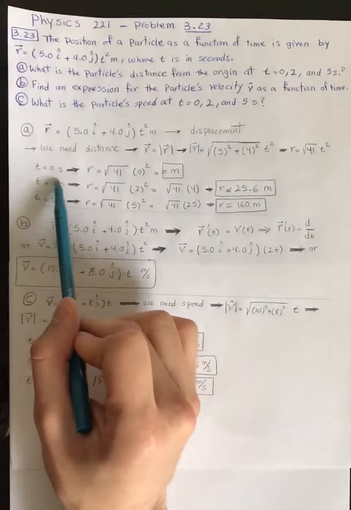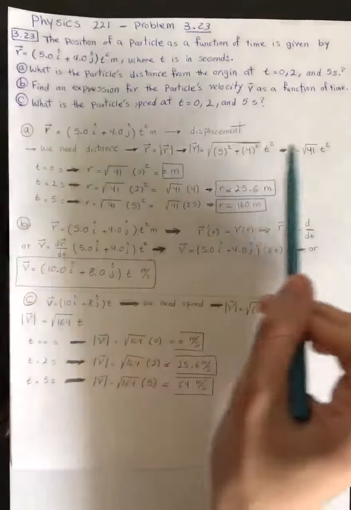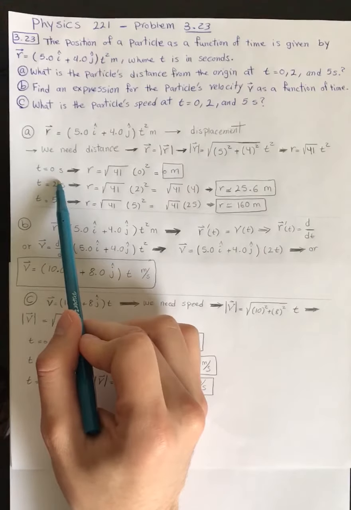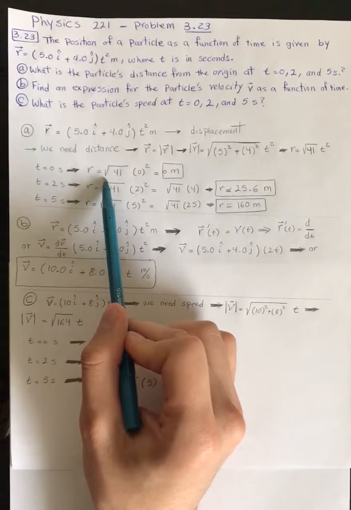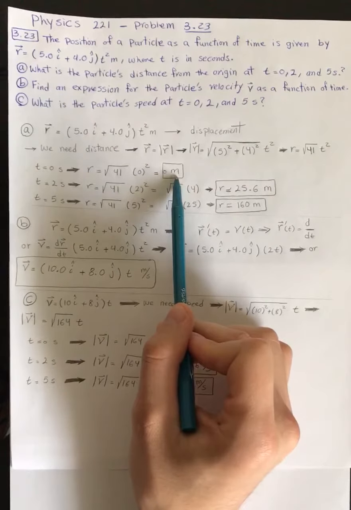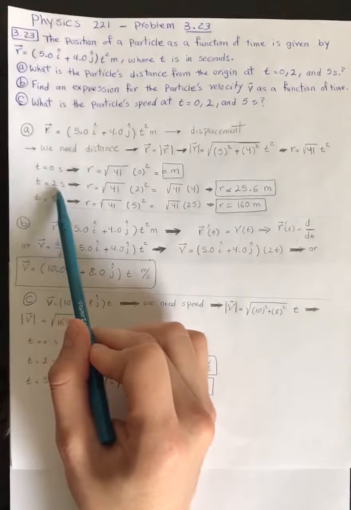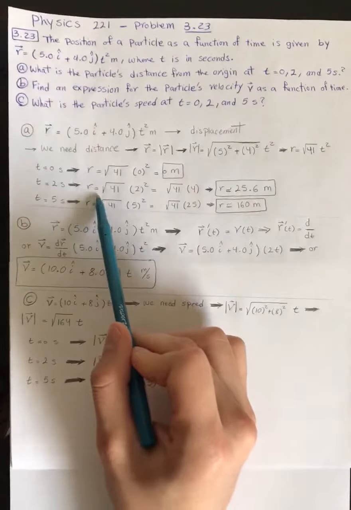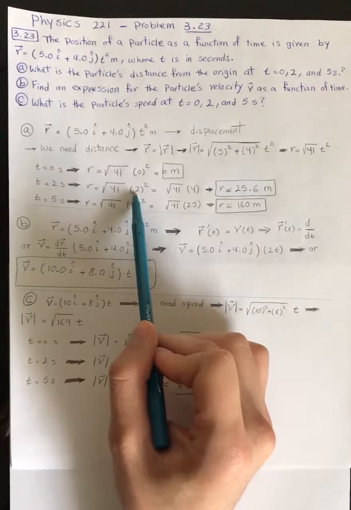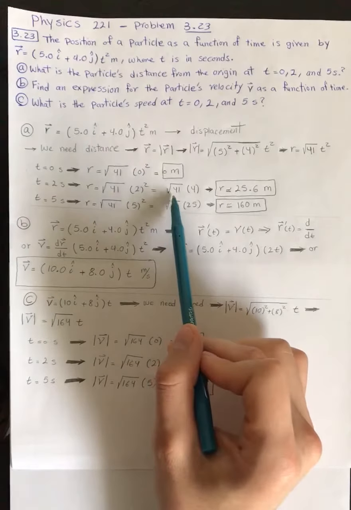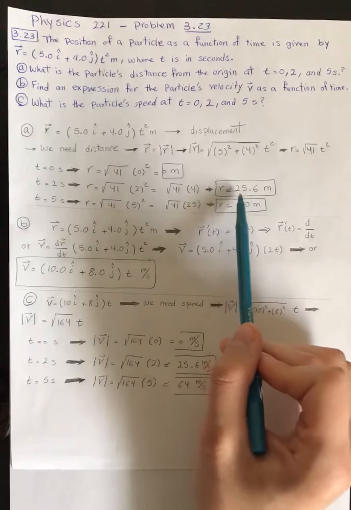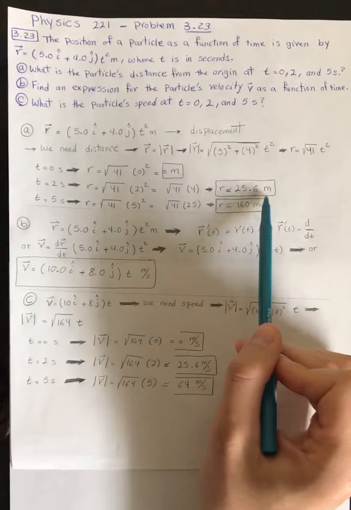After that, we just need to plug our numbers into our distance equation. For t equals 0 seconds, r is the square root of 41 times 0, and the result is 0 meters. For t equals 2 seconds, r equals the square root of 41 times 2 squared, which is the same as the square root of 41 times 4, and the result is approximately 25.6 meters.